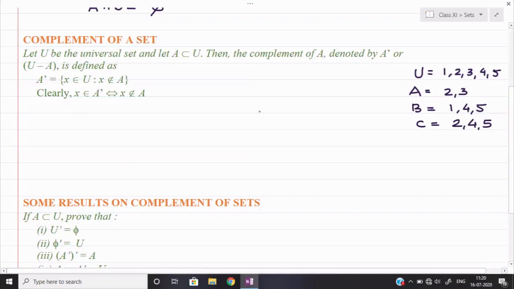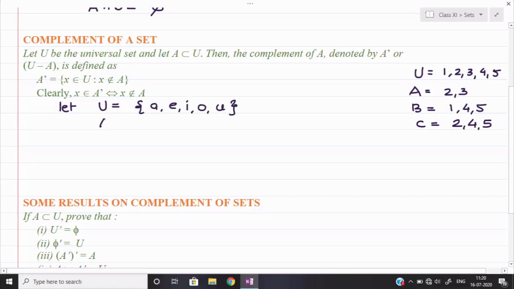Suppose I take a similar kind of example as I have taken here. Let U be equal to {a, e, i, o, u}, the set of all vowels.